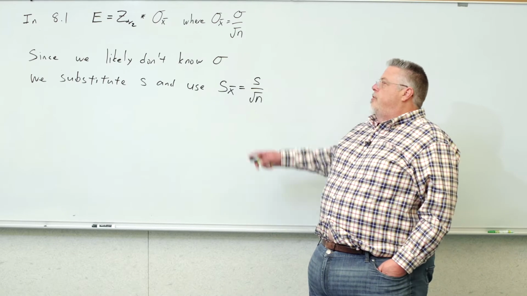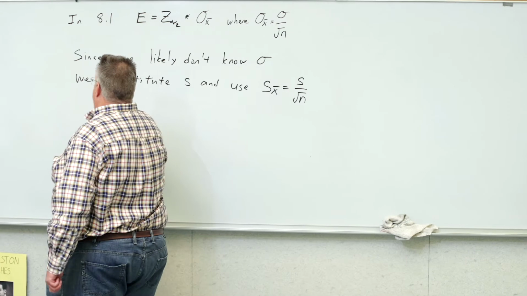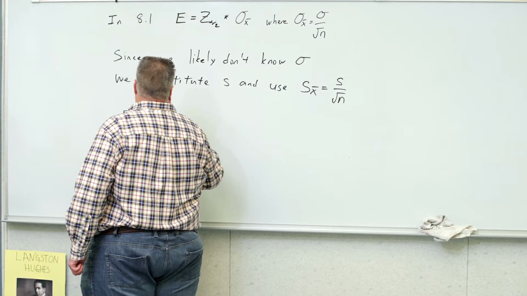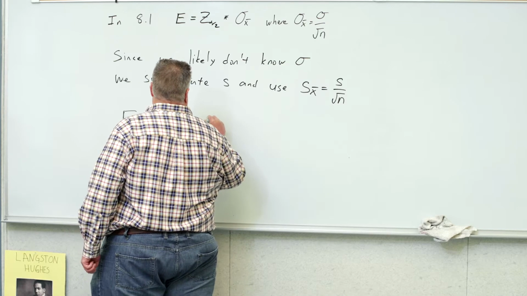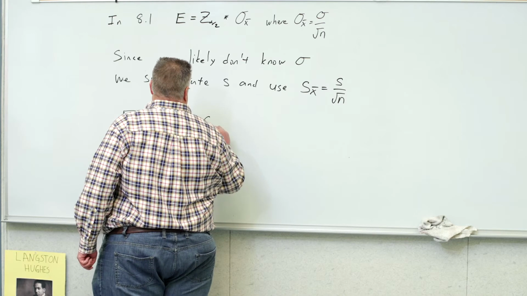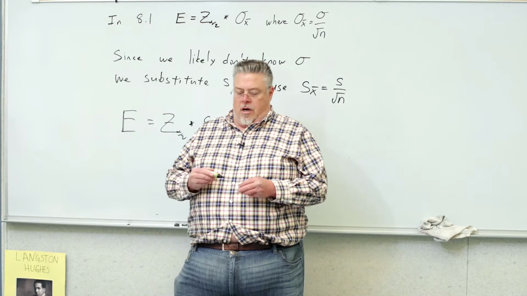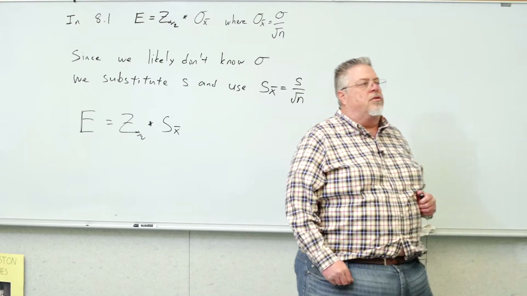So people started doing this merrily going along and saying, I'm going to make my error a z-score times, and I'll just use S of x bar instead of sigma of x bar. And they started going merrily along making confidence intervals.